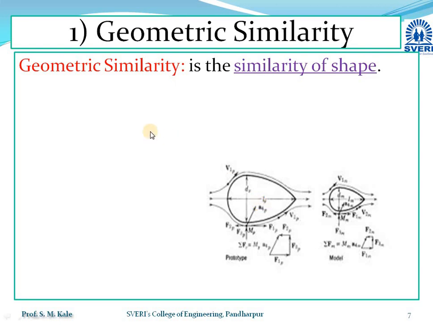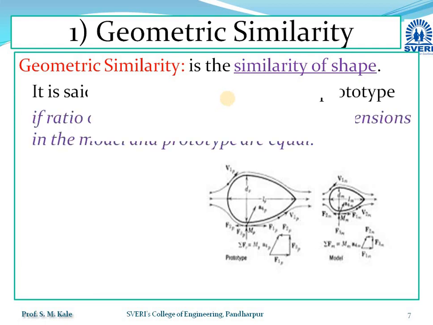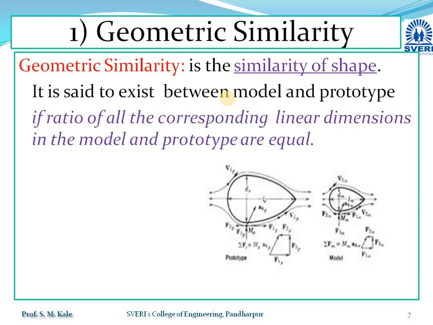In the case of geometric similarity, we have to see the similarity of the shape. This is called the prototype, and this is called the model. We say that the model and prototype are in geometric similarity if the ratio of all the corresponding linear dimensions of model and prototype are equal.